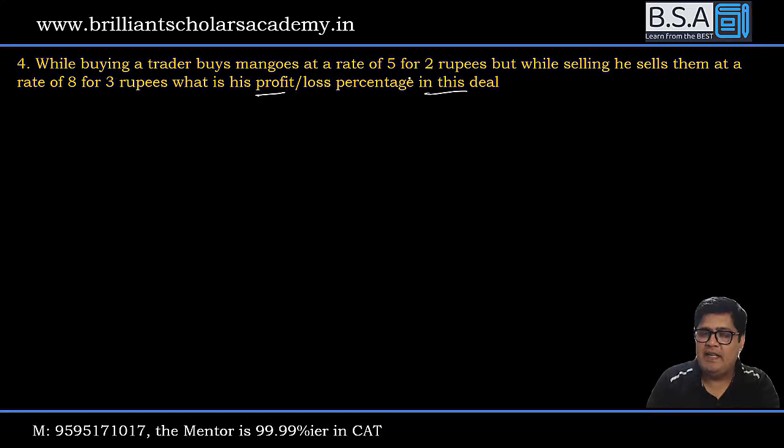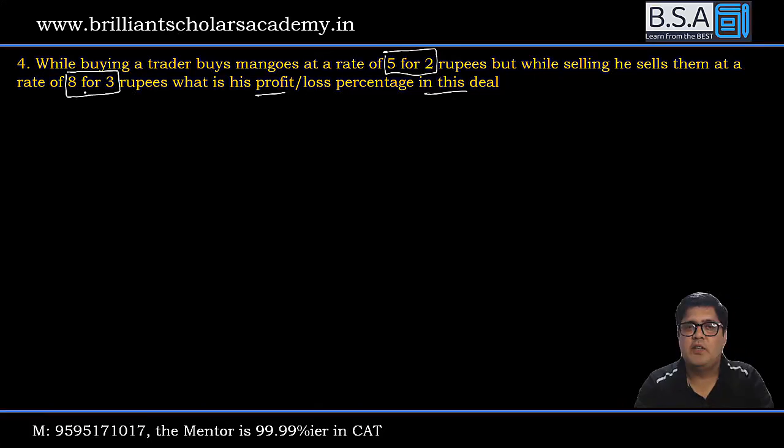So while buying, the price is not per piece; 5 mangoes are being bought for 2 rupees. And when being sold, they are being sold for 8 mangoes for 3 rupees. So what is the profit or loss in the entire transaction?